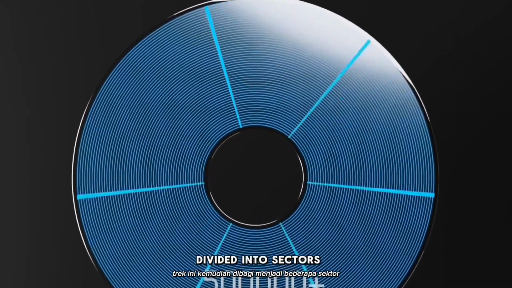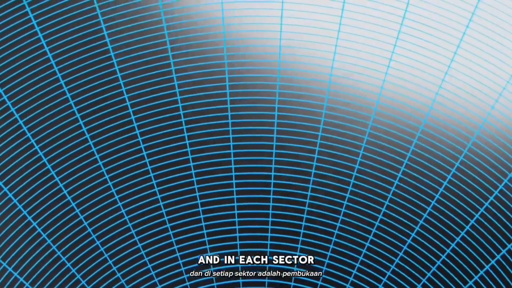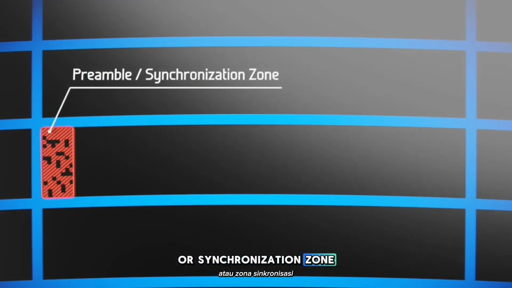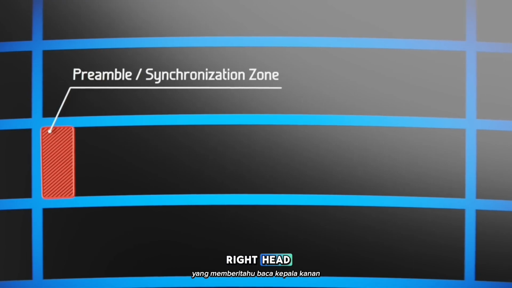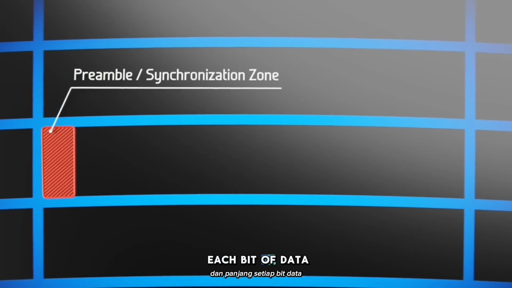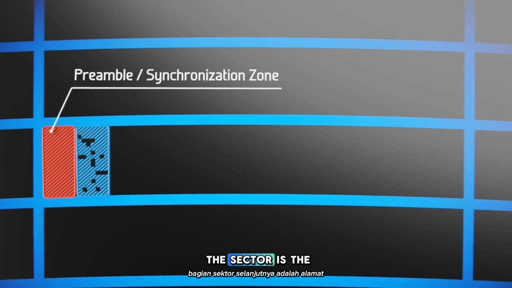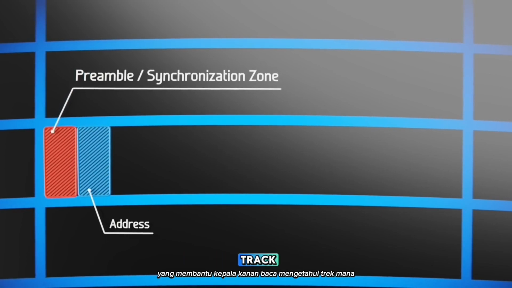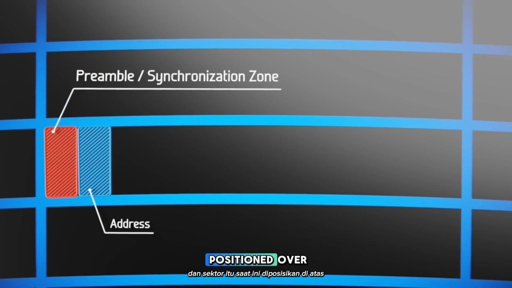These tracks are then divided into sectors, and in each sector is a preamble or synchronization zone, which tells the read-write head the exact speed of the spinning disk and the length of each bit of data. The next part of the sector is the address, which helps the read-write head know which track and sector is currently positioned.